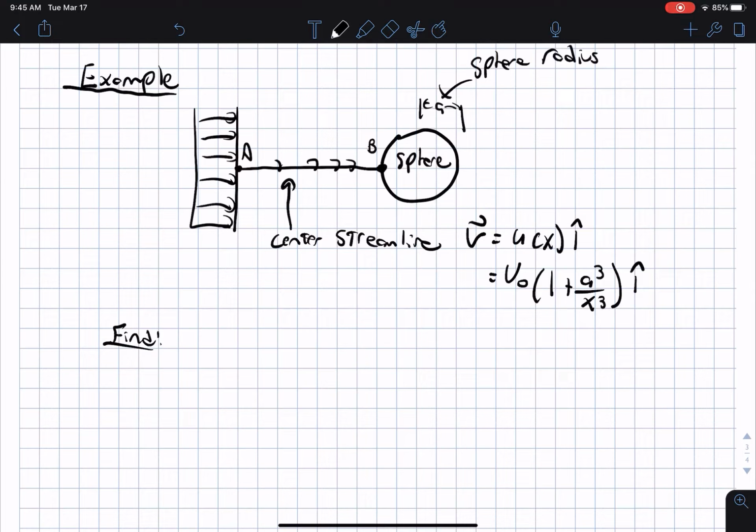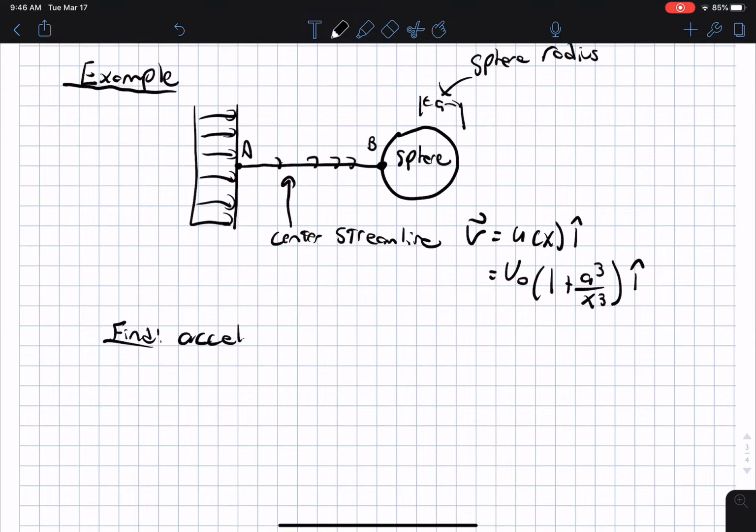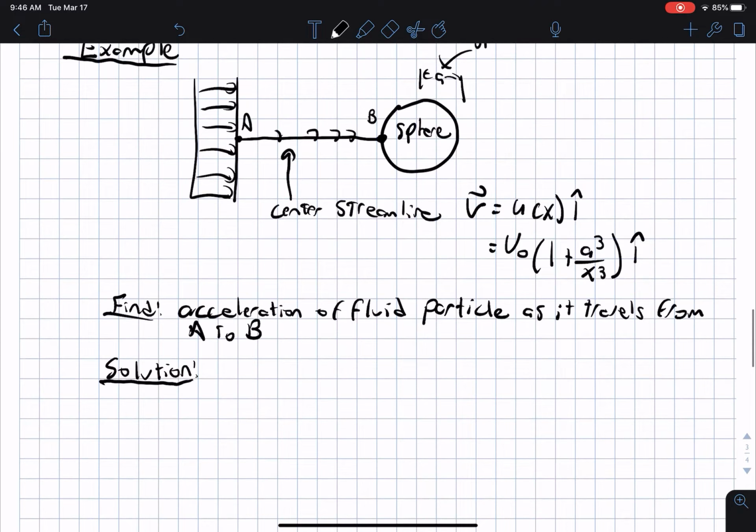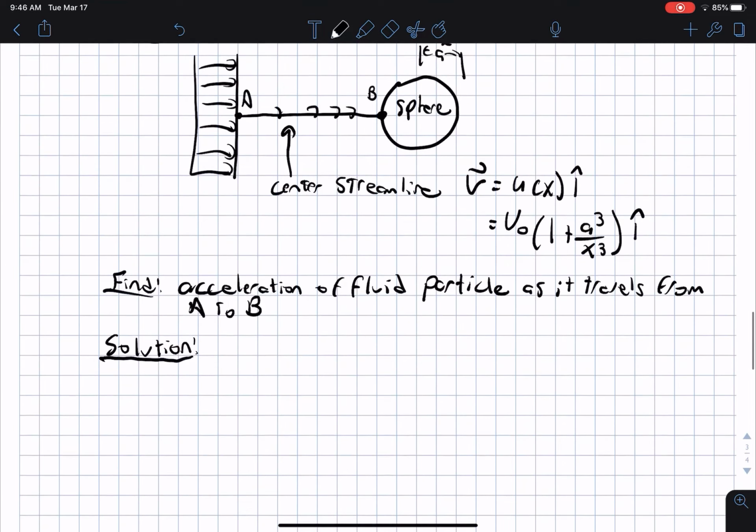Okay, so find the acceleration of the fluid particle as it travels from A to B. So the solution: we're given a velocity field, and the acceleration is equal to dv dt.